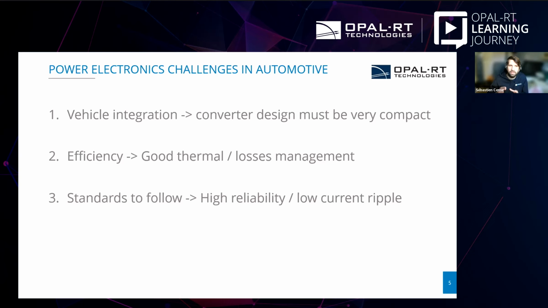So how can a product that has been designed that compact also be efficient and have good thermal and losses management inside? And the third challenge I see would be all the standards of the industry that we need to follow. The product has to be very reliable. And for example, there is also a standard regarding the current ripple that the product must meet.